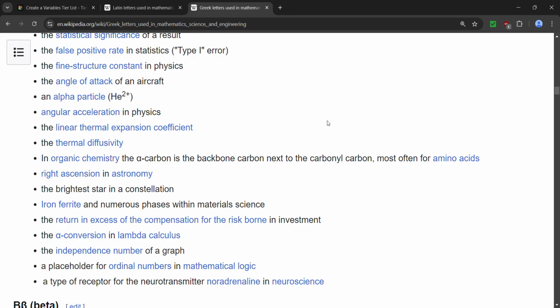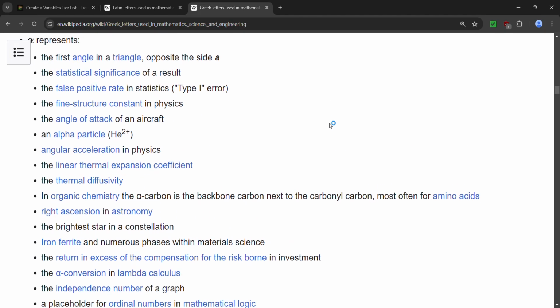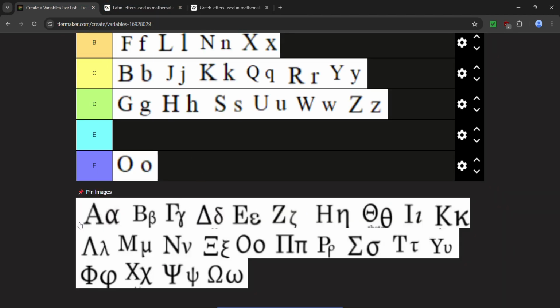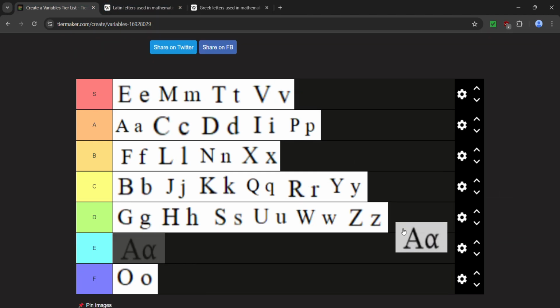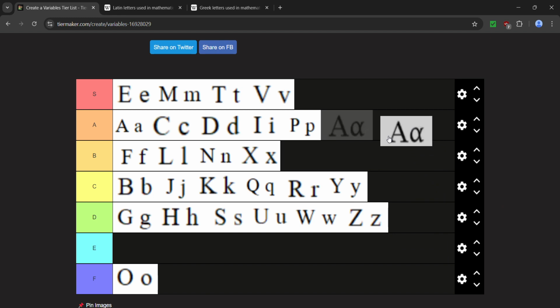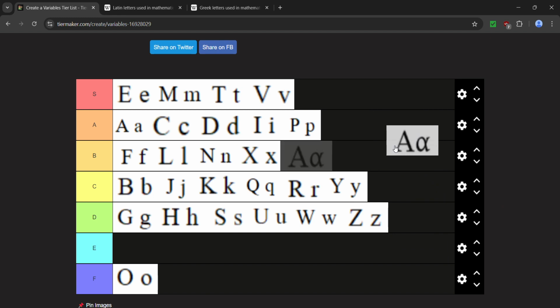But there's a couple good ones. And by a couple, I mean a lot. There's a lot of good, kind of like more niche variables here. And I gotta say, that makes alpha a very interesting variable, and that makes alpha, oh, is it A tier? Is it B tier?